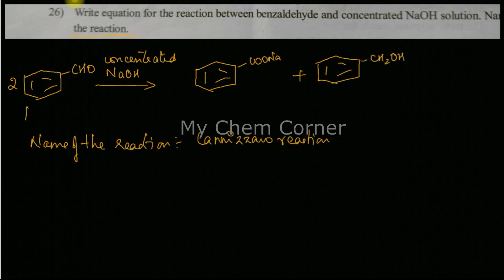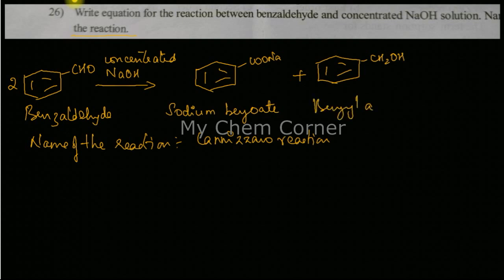So what are you forming? You have benzaldehyde, you have sodium benzoate and you have benzyl alcohol. So this equation will carry 1 mark and the name of the reaction will carry 1 mark.